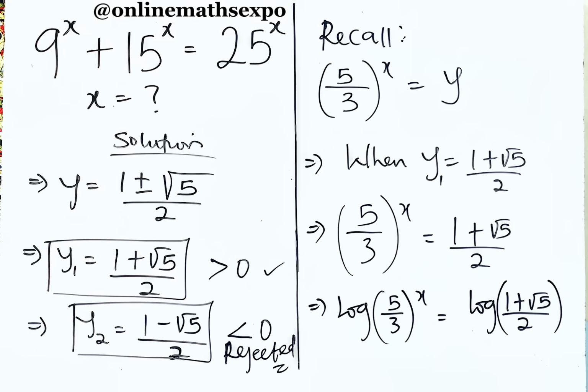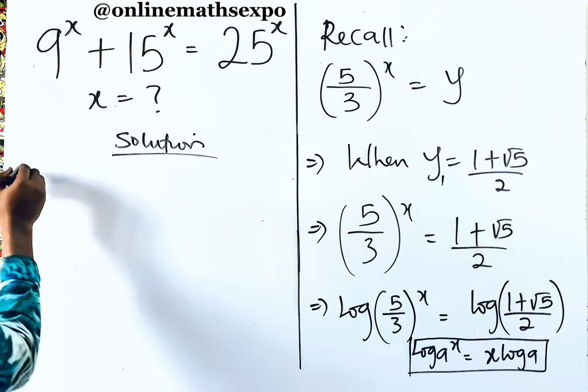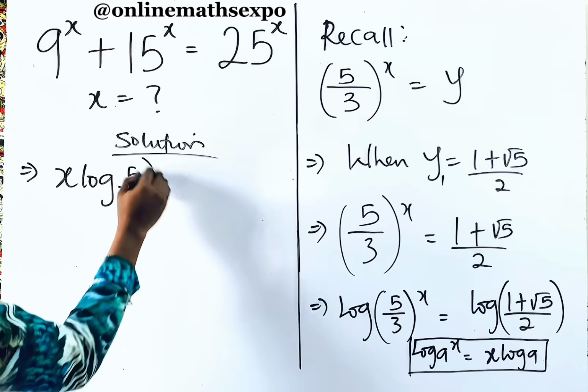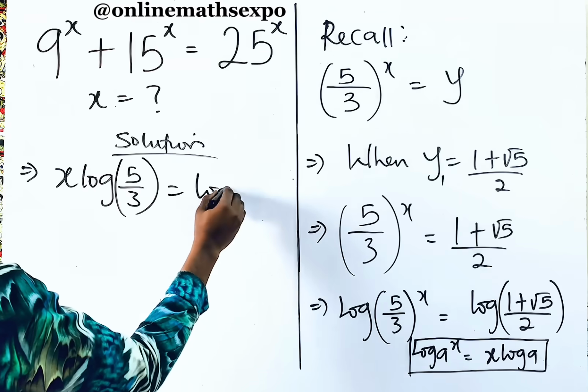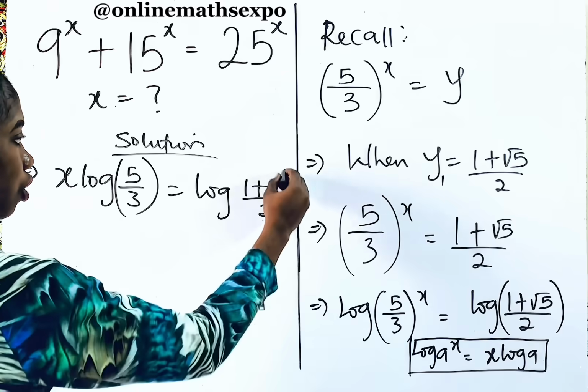Remember, for every log of a to the power of x, it is always x log a. This power will always multiply the log. So we're going to apply this rule on the left side. Applying this here, we are going to have x log 5 on 3 is equal to log of 1 plus root 5 divided by 2.